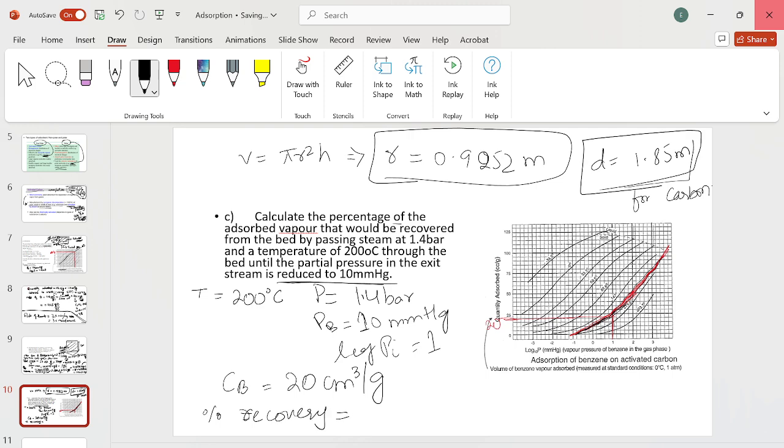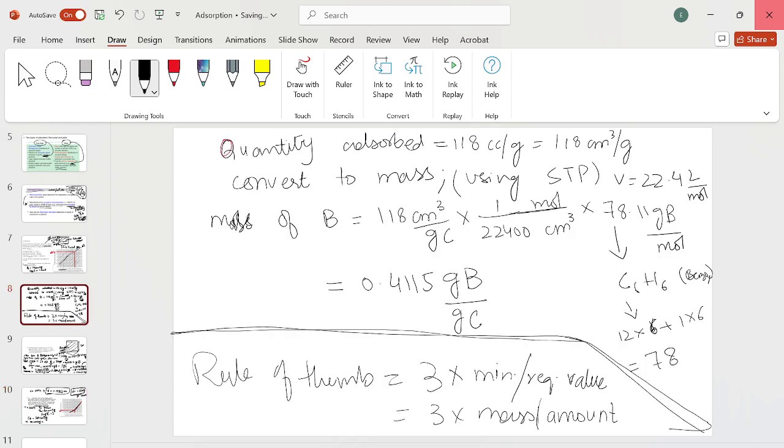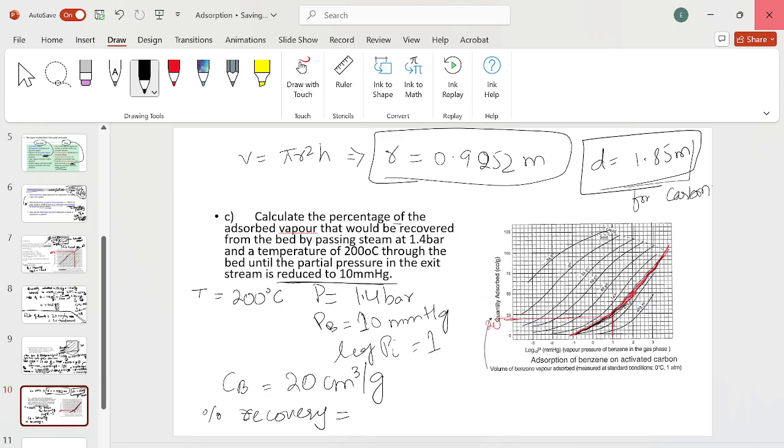The initial value we calculated already, it was 118. So 118 minus 20 over 118 times 100 gives us a value of 83.1%.